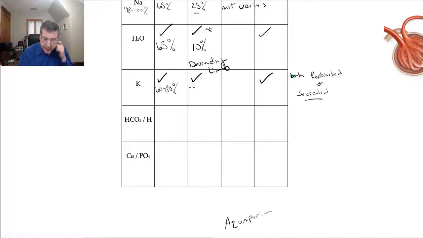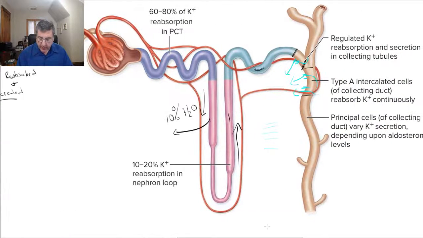So potassium, about 10 to 20% is reabsorbed in the ascending thick part of the loop. So what do I mean by ascending? So ascending, here we go, 10 to 20%. So this is your thick part. So if you can see how thick this is versus this, okay, this is a much thicker area.